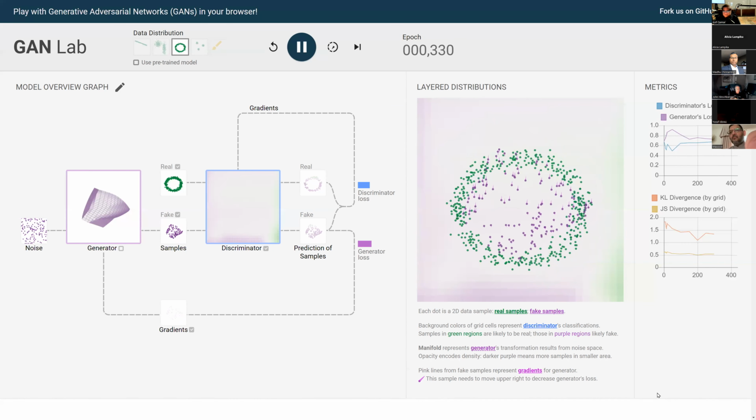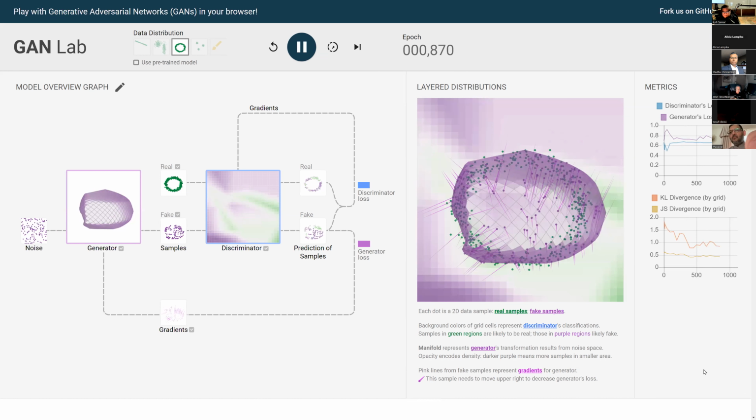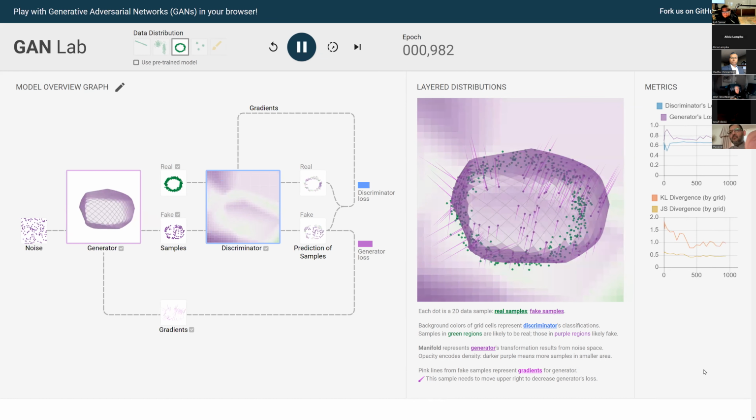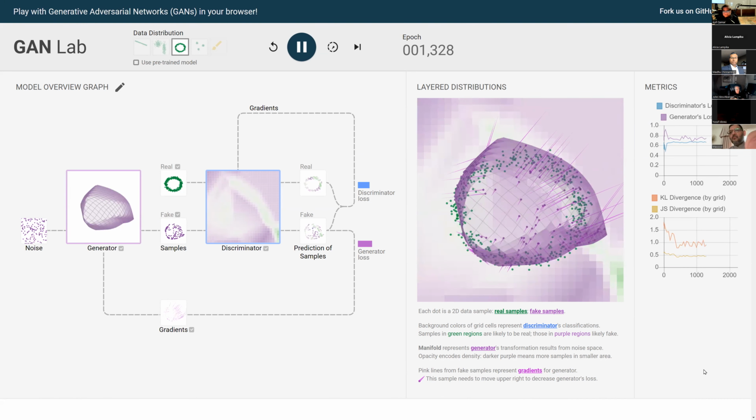And do you notice how the purple thing is now beginning to overlap the real shape of the data? And we have gone through 900 epochs. 900 epochs means, let's say there are 100 points, it's almost like 900,000 times or 1,000,000 times it has learned. Both of these guys have made little efforts to learn against each other in the adversarial game.